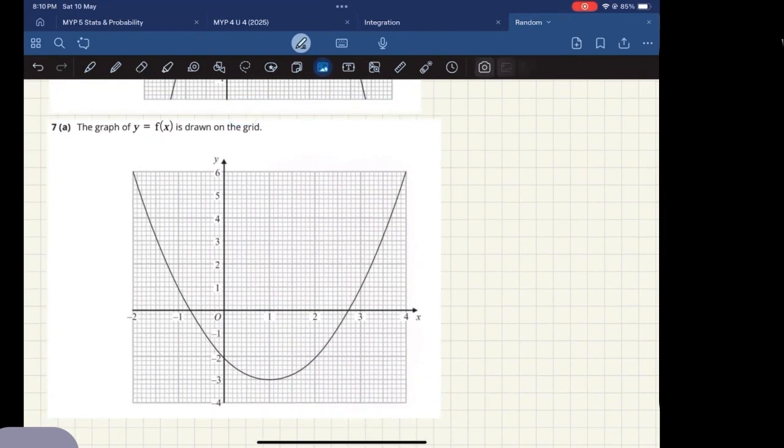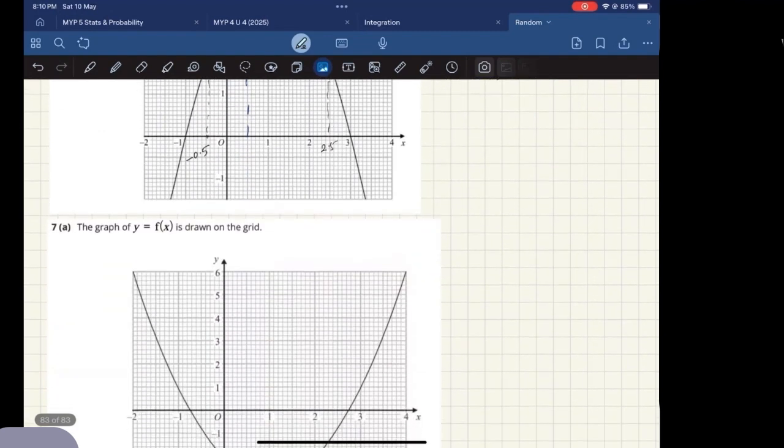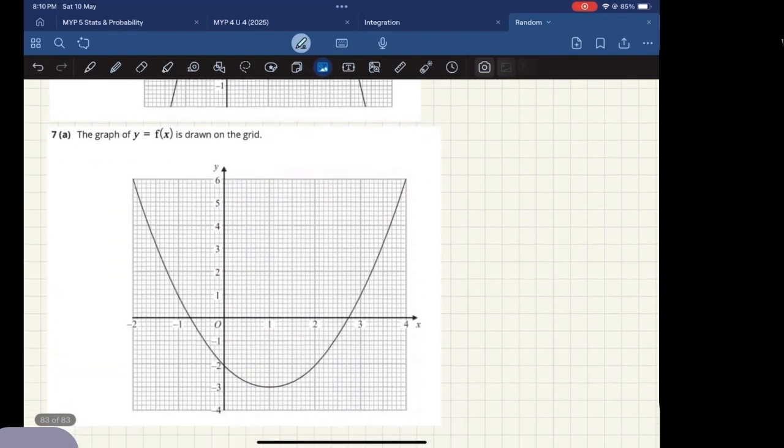I hope you're able to see it properly. So same type of question. I'll just copy paste this. For the first part, write down the turning points of the graph.